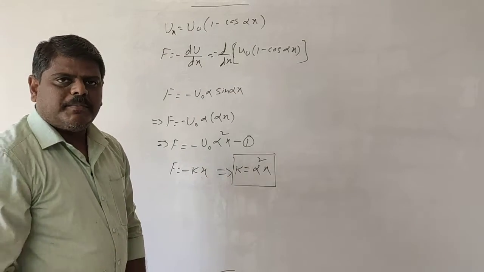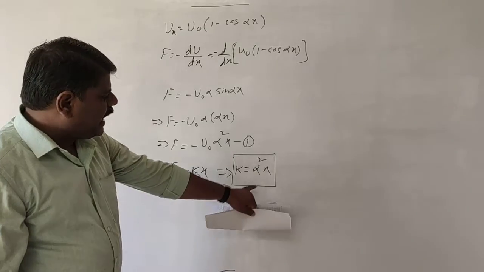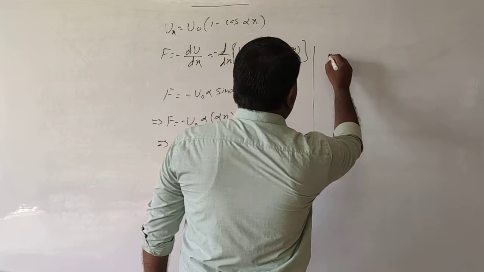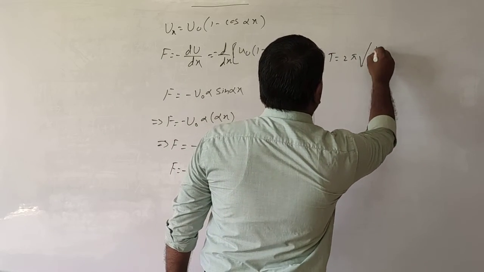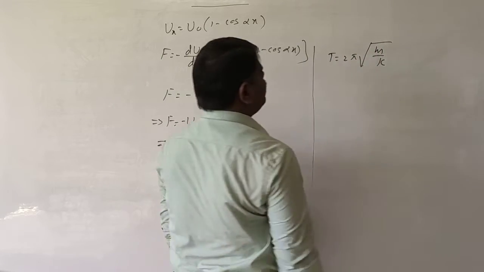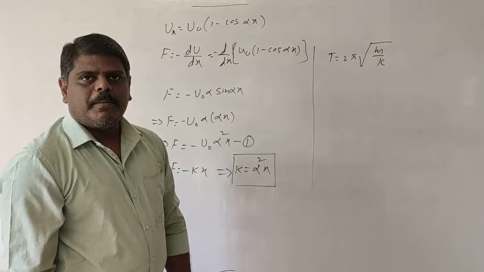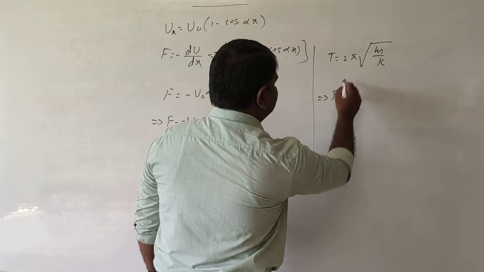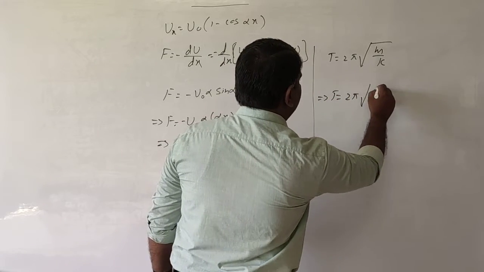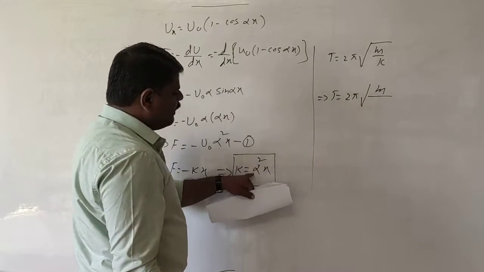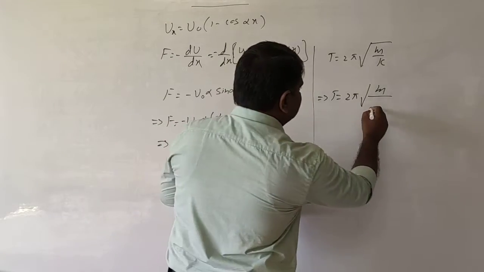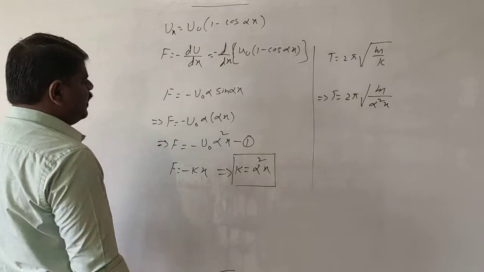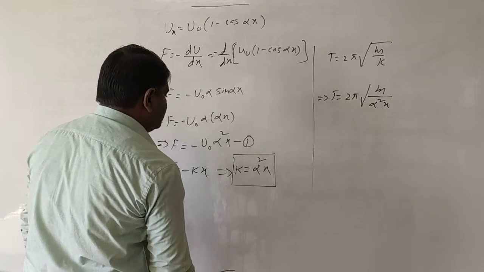Now the mass is given in the problem directly, and we have calculated the k value. What we have to find is the time period. The time period T is equal to 2 pi into under root of m by k. All the values are with us. So T is equal to 2 pi into under root of m by k.